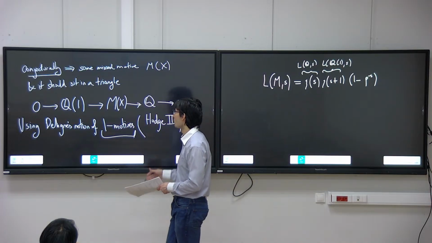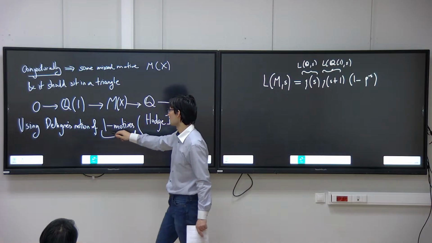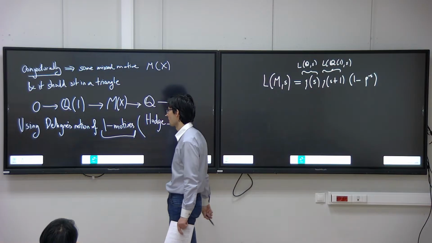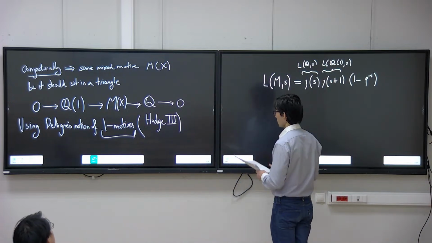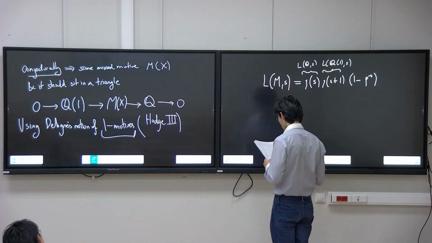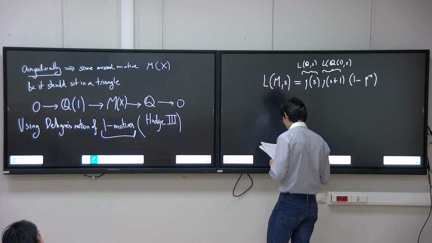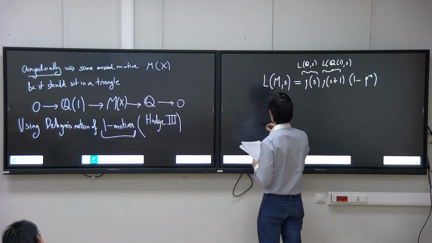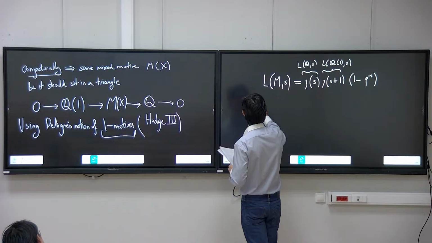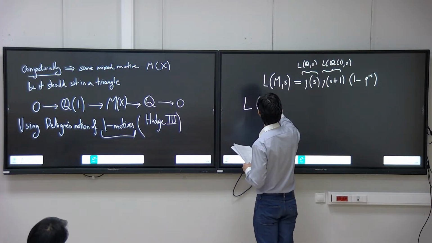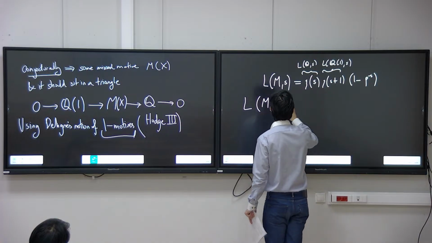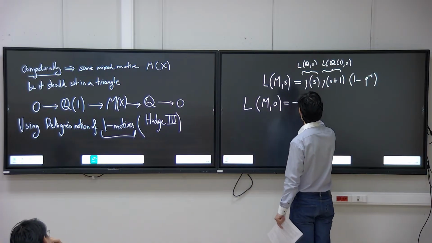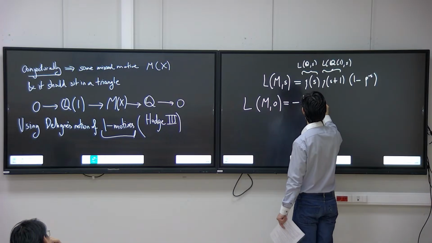So through this notion of 1-motives, we can compute explicitly what the L function should be. In this case, L of M at 0 is equal to, through some meromorphic continuation, minus a half log of p.